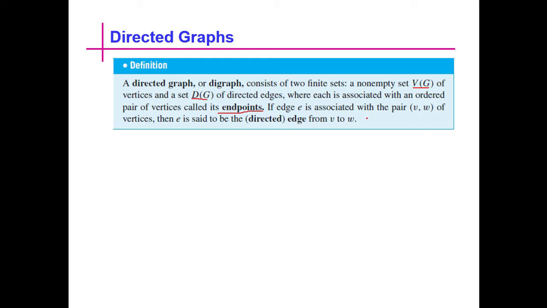If edge E is associated with the pair VW of vertices, then E is said to be the directed edge from V to W. In this ordered pair the starting point is V and the ending point is W. So there is an order between the vertices of the edge. We denote this edge by VW. For WV, this edge will start from W and end at V.